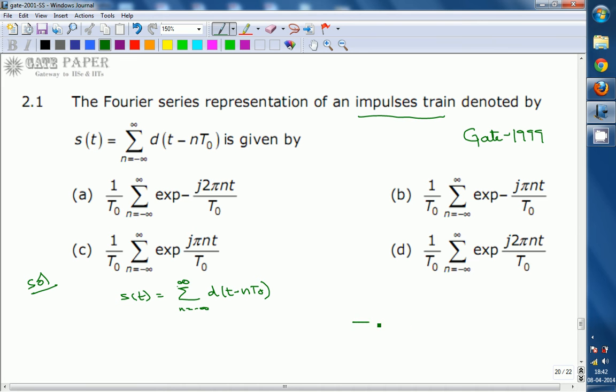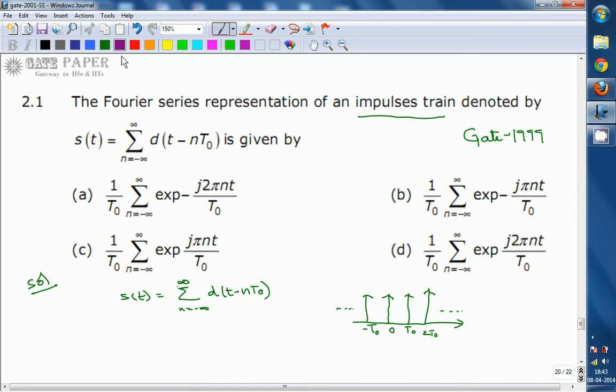It has impulses at minus T naught, at 0, at T naught, and so on up to infinity. So this is a periodic signal, a periodic sequence. We need to find the Fourier series representation for this one.